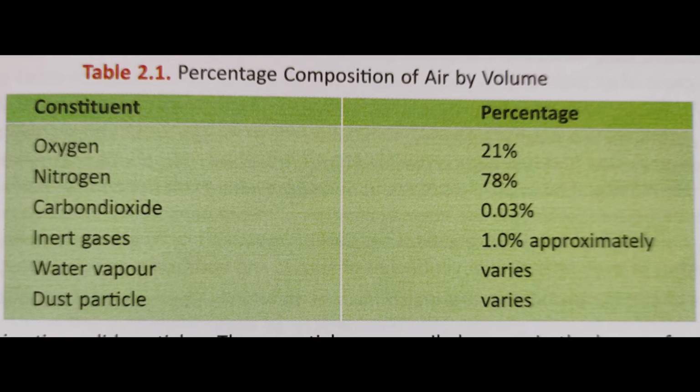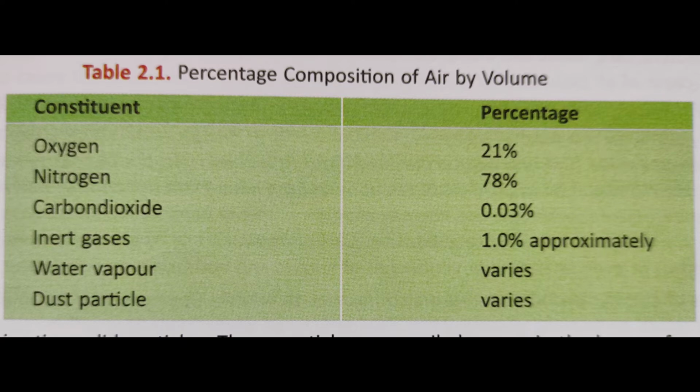Now, composition of air. You can see the percentage of composition of air by volume. Oxygen 21%, nitrogen 78%, carbon dioxide 0.03%, inert gases approximately 1%, water vapor varies, dust particles vary.